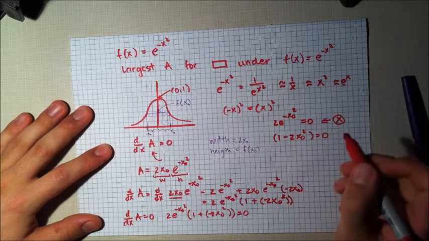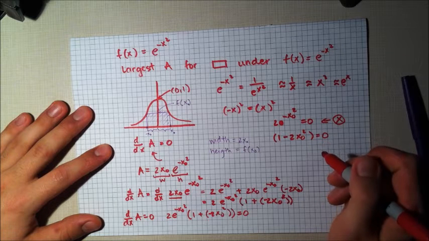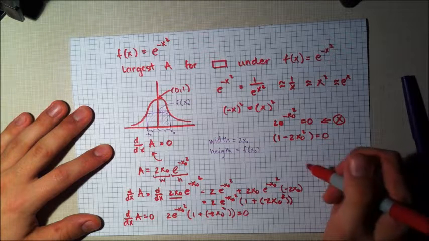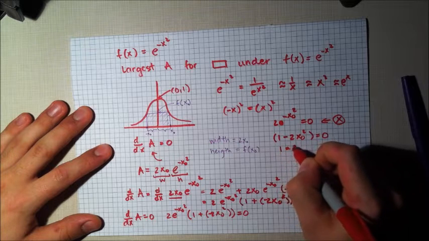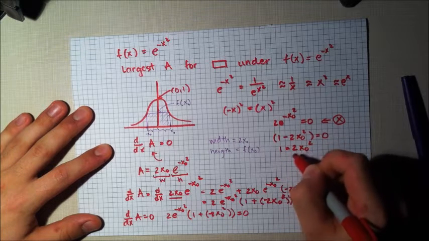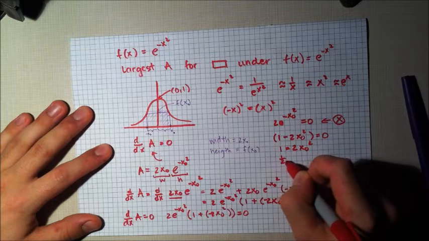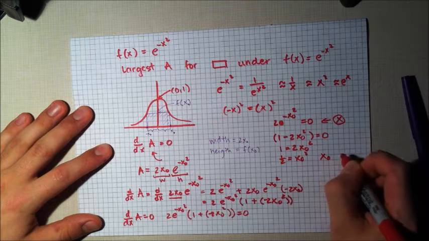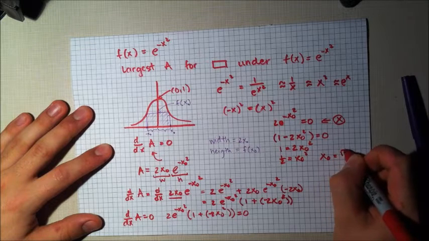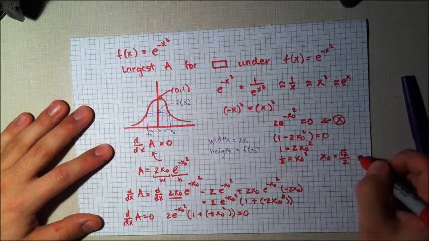Let's solve for x. Now this guy's going to be what? 1 equals 2x naught squared. 1/2 equals x naught squared. x naught equals root 2 over 2.